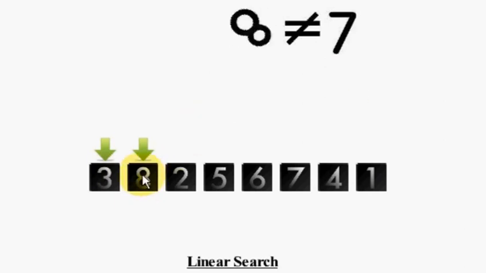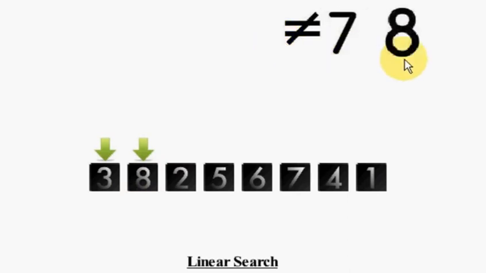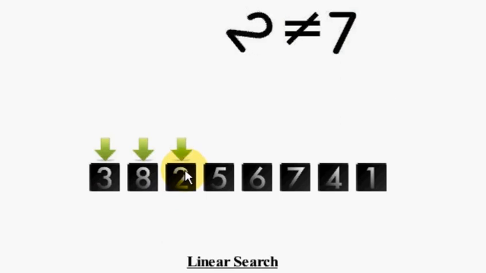Again, we'll compare our key element and the second element. Again, it's not equal, so we will remove that. Same thing we will do with the third element, number 2. And number 2 is again not equal to 7, so we will remove it. Then we do the same with 5, the next element.